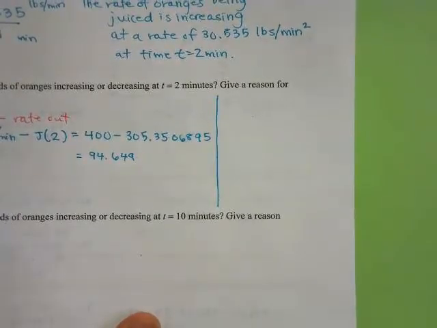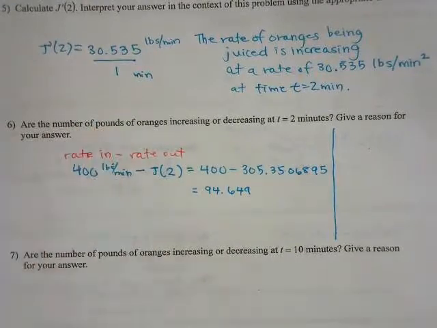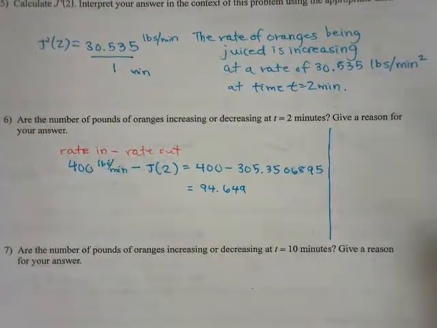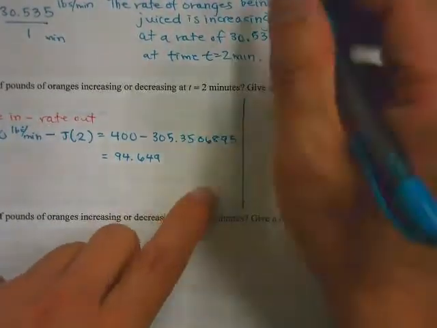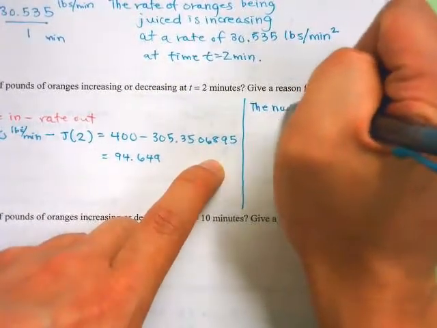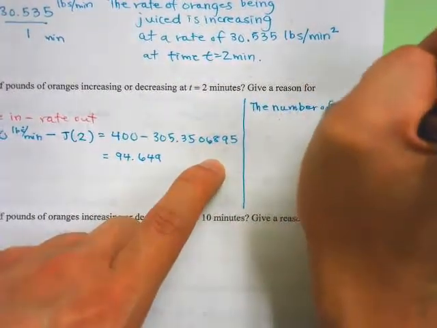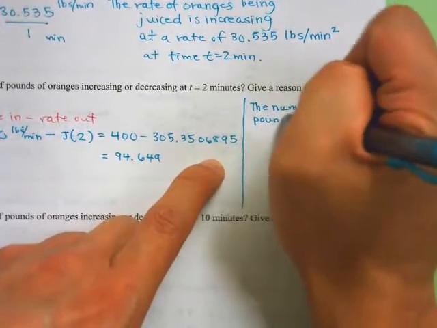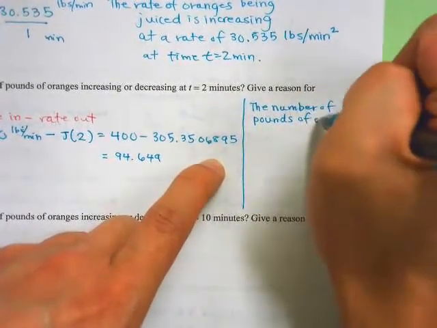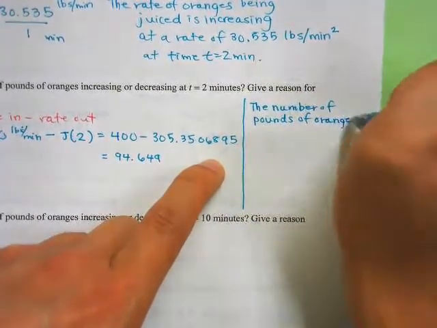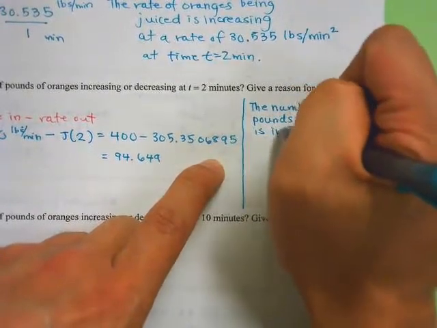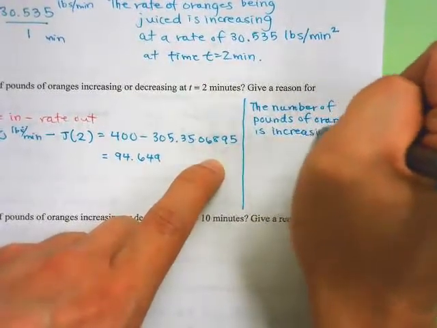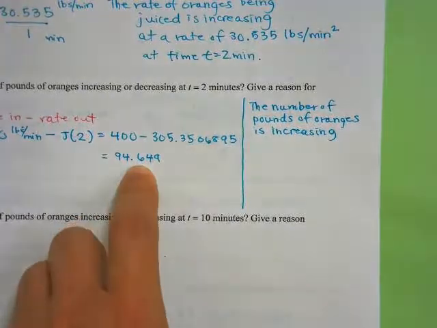Now we can make our two sentences. Are the number of pounds of oranges increasing or decreasing? So we'll start with that. The number of pounds of oranges is increasing, because our derivative is positive.